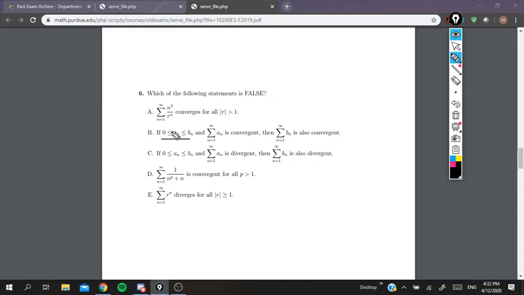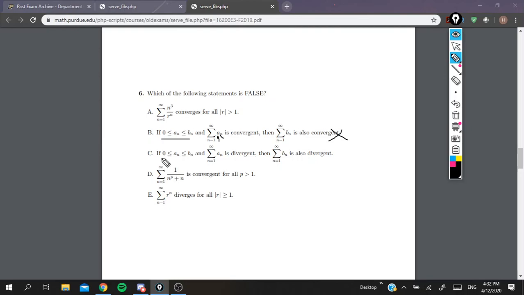B has to be smaller than A in order to show that B is also convergent, because the known here is A, not B. If it's switched, like if you know that B is convergent, then you can say that A is convergent, but the vice versa doesn't work here. So this is all just false.